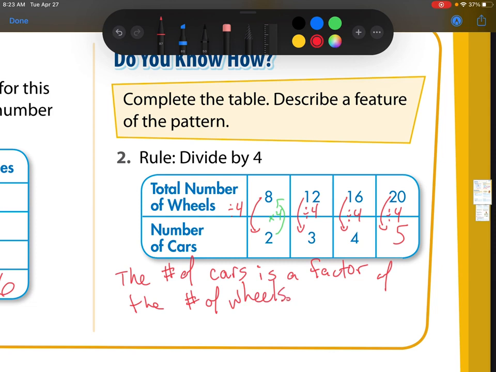That makes sense because remember how we talked about how we could always do the opposite? Well, this is showing 2 times something, 3 times something. So all of those are factors for the total number of wheels.